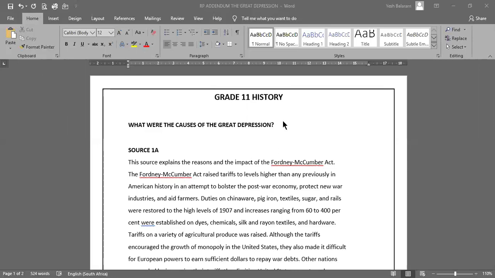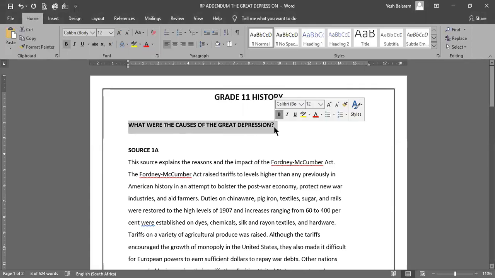In this case, the key question is, what were the causes of the Great Depression? That means all the sources in this question will refer to the reasons why the Great Depression took place. For today, we are only looking at source 1A, and you're going to answer questions 1.1 to 1.5.